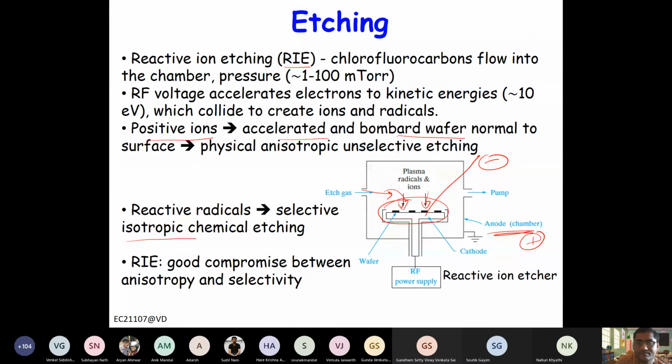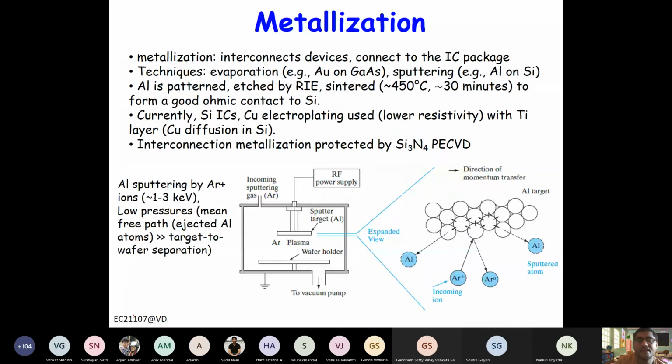So the last topic for fabrication is metallization. So how is the metallization done? If you see here, this is your wafer, right? In this case also you use plasma only. So in plasma you have the sputtering gas, usually inert gases, argon, ionized by the plasma, and they will hit the surface, right?